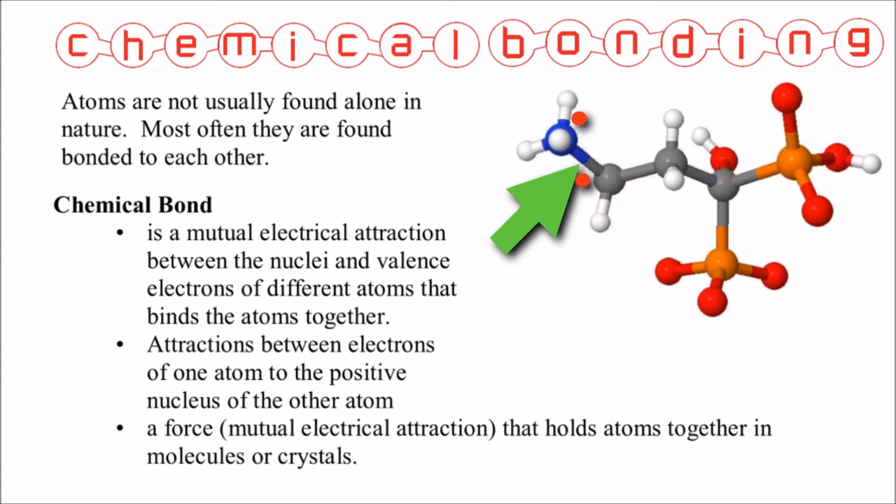So these electrons are orbiting their own atom's nucleus, but they're at the same time attracted to the positive charge of the other atom's nucleus. And that attraction to the other atom's nucleus, because of the proton's positive charge, forms this bond between them that causes them to stick together, if you will.